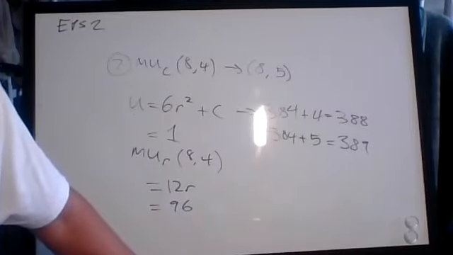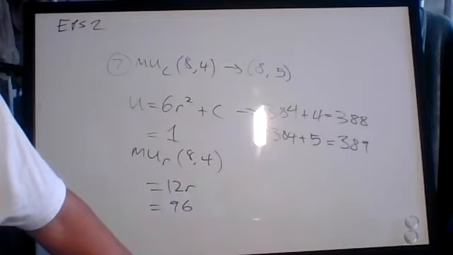So if we were to sacrifice 1 item of chicken, we would need 12 items of rice to stay on the indifference curve. That depends on how much rice you already have, because it depends on where you are along your consumption of rice.